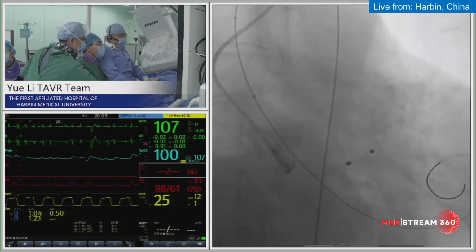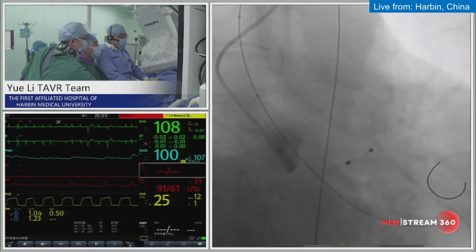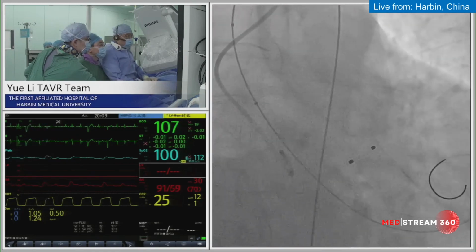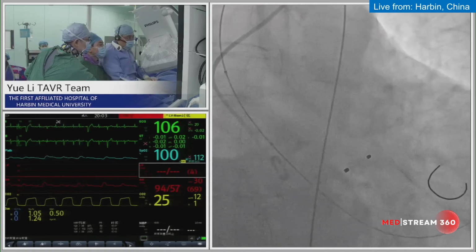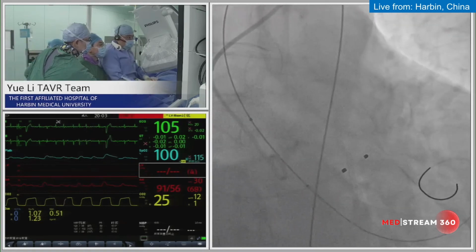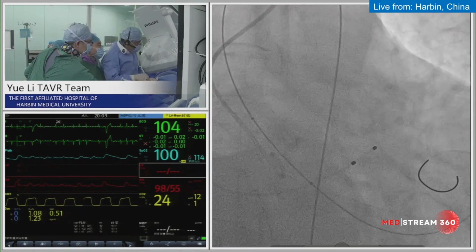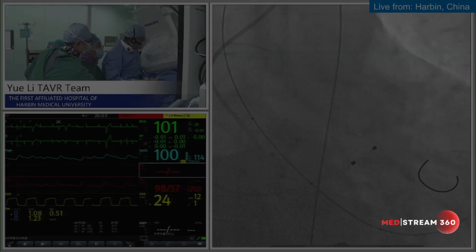If we want to reduce the risk of leaflet tear, we need to adopt a small balloon pre-dilation strategy. So we choose the 22 millimeter balloon. That's the reason.